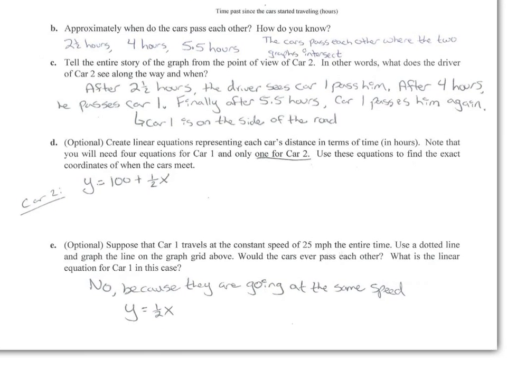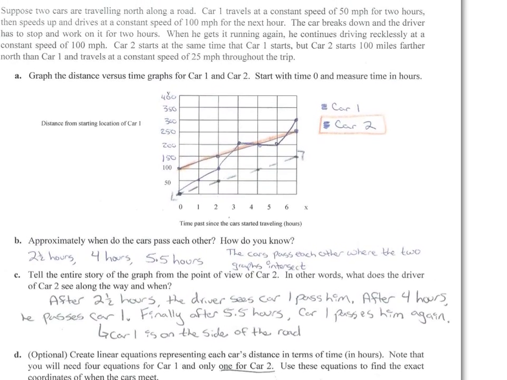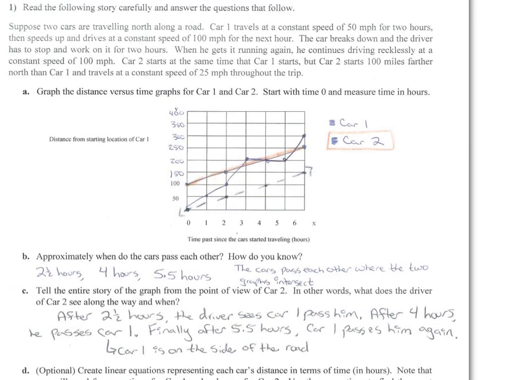And then letter E, suppose that car 1 travels at a constant speed of 25 miles an hour the entire time. Use a dotted line and graph the line on the grid above. Would the cars ever pass each other? What is the linear equation for car 1 in this case? So going back up to our graph, instead of having this graph as our car 1, we now have the dotted line graph.